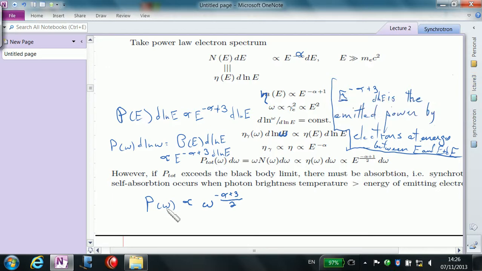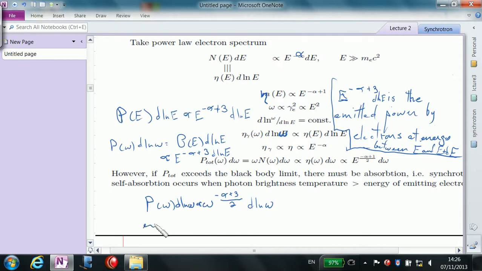But this is the amount of power. I'm going to write it this way. I'm going to write d log omega proportional, just to remind you that this is the amount of power per unit logarithm interval.